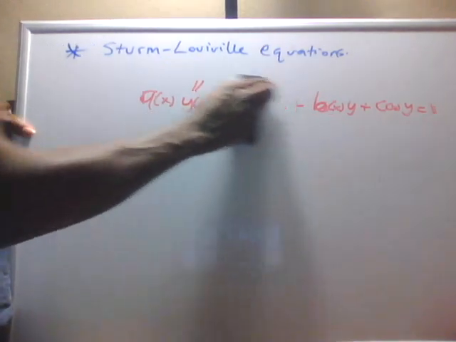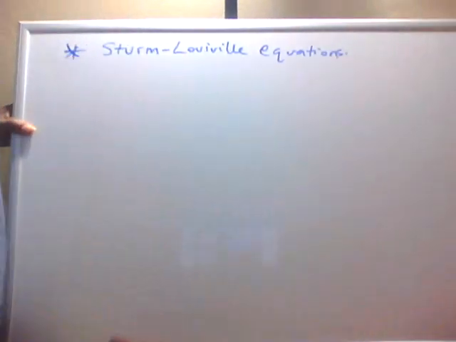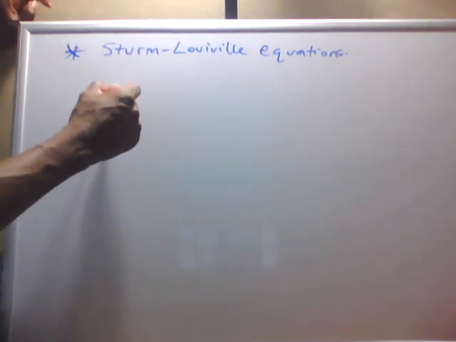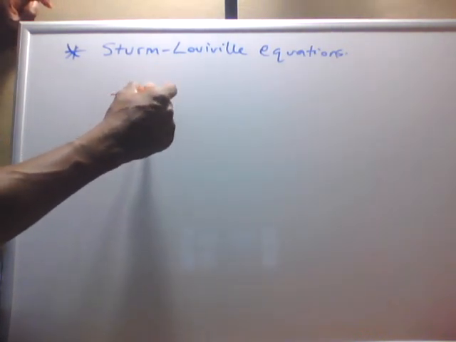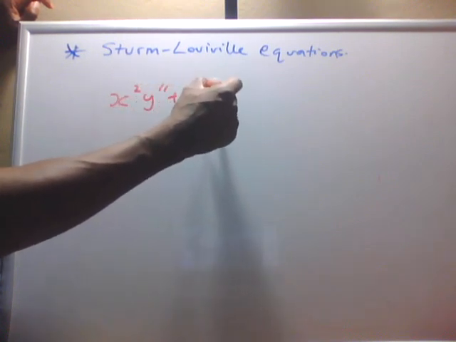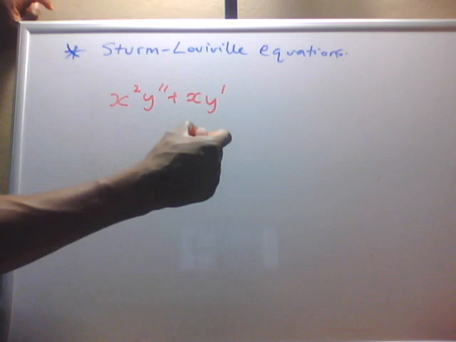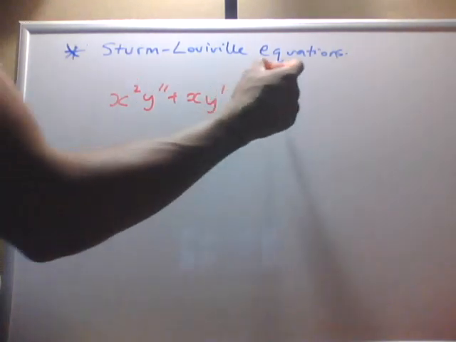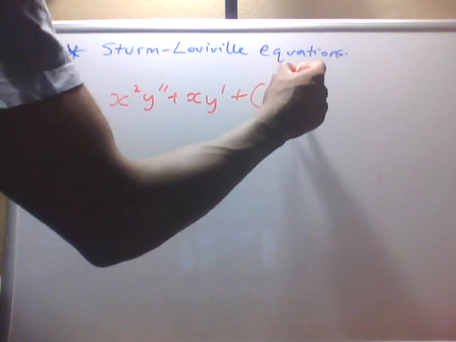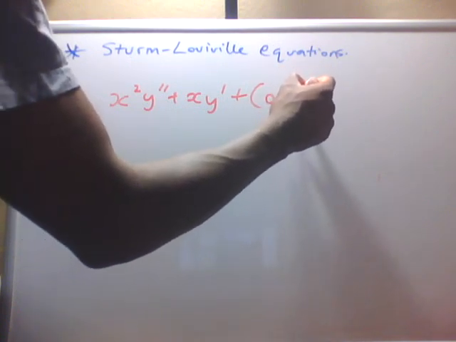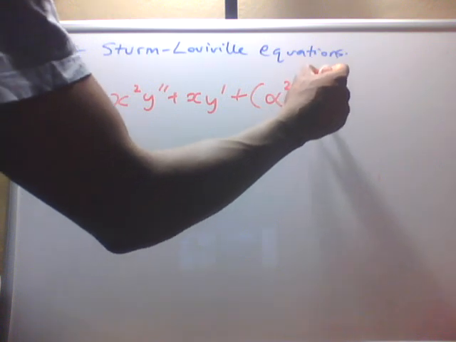As an example, we're looking at the Bessel equation, x squared y prime prime plus x y prime plus, I think they used the parametric form, which we didn't really discuss.